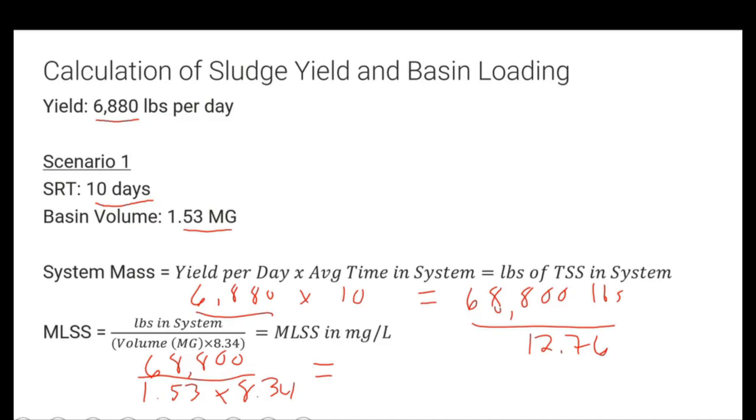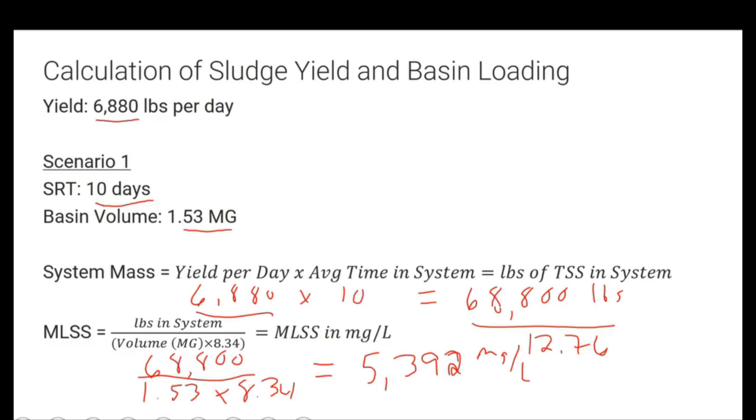So then we divided that 68,800 by the 12.76, and we got 5,392 pounds. Is that pounds anymore? Pounds to pounds cancel, so is that already milligrams per liter at that point? Yep. That's what the 8.34 is doing for you. It's converting it into milligrams per liter.